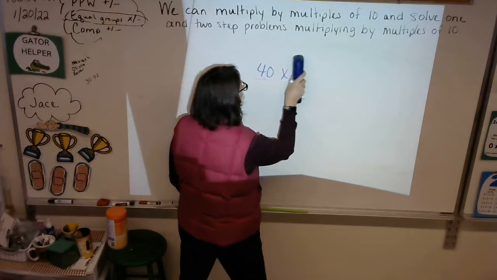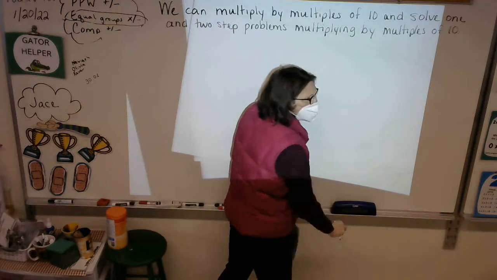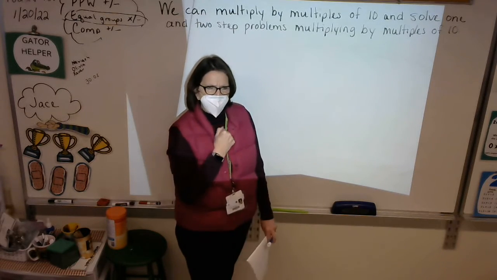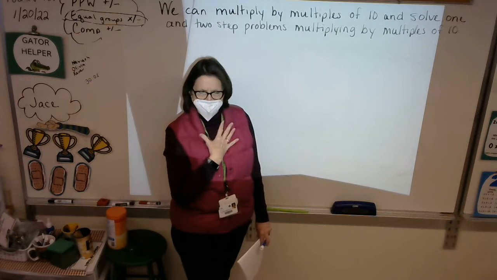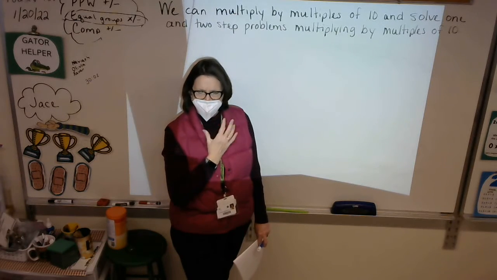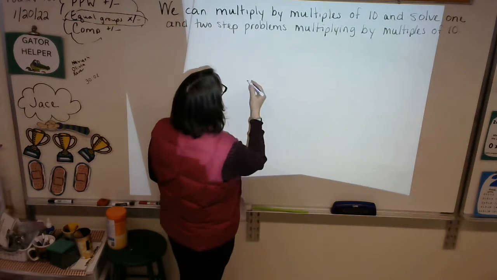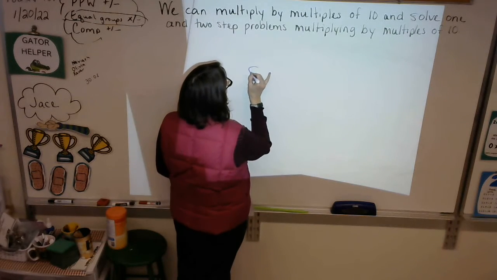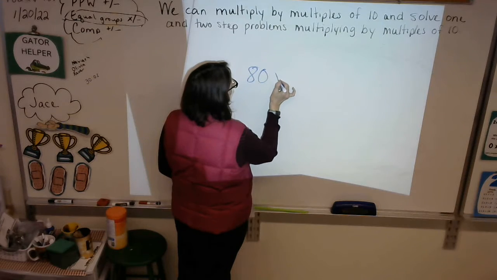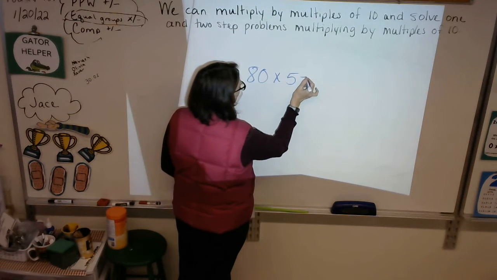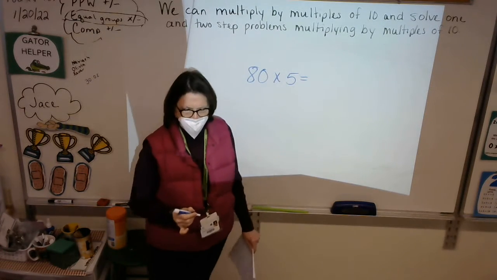Okay, let's do one more practice. How are we feeling about this so far? Fist to 5, just this basic skill. How do you feel? Fist to 5. All right, here's another one. How about 80 times 5?